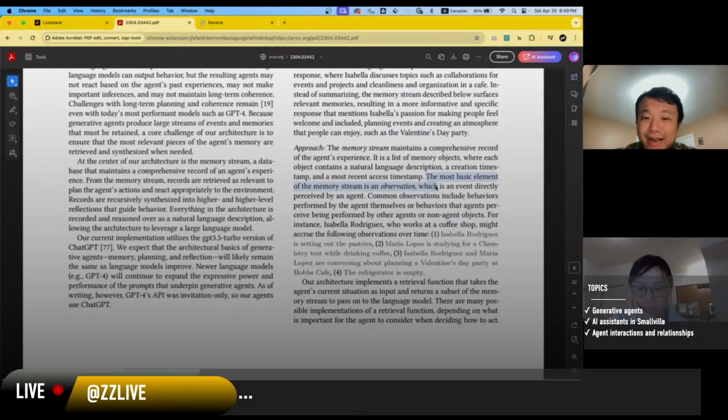The most basic element of the memory stream is an observation, which is an event directly perceived by the agent. Common observations include behavior performed by the agent themselves. Okay, a stream of events. Who did what? What happened? Or behaviors that the agent perceived being performed by other agents or non-agent objects.